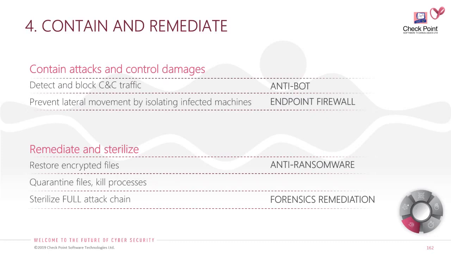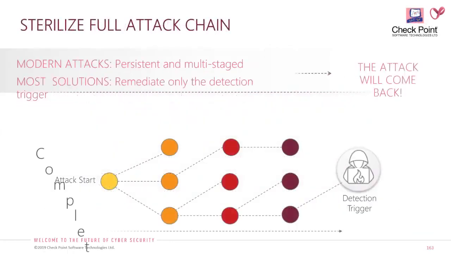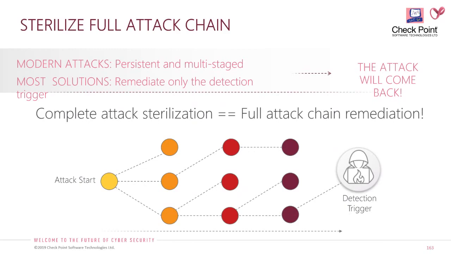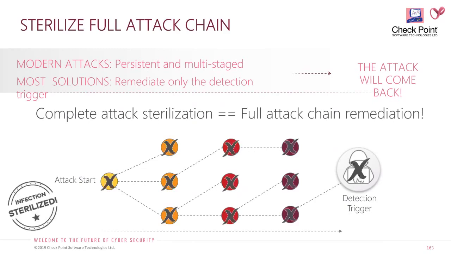And to remediate and sterilize, we have the anti-ransomware model. As I said earlier, we have the restore mechanism, which will be used during the remediate stage. And we have EDR also for forensics, collecting the metadata for forensic purposes. So we have full attack chain remediation.